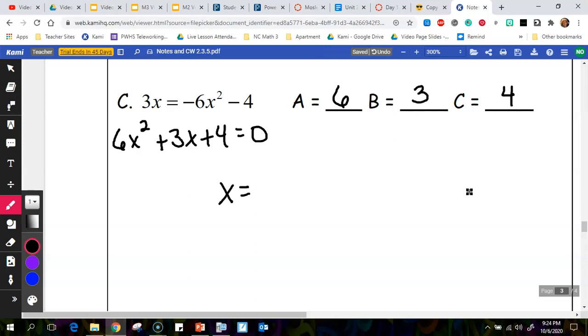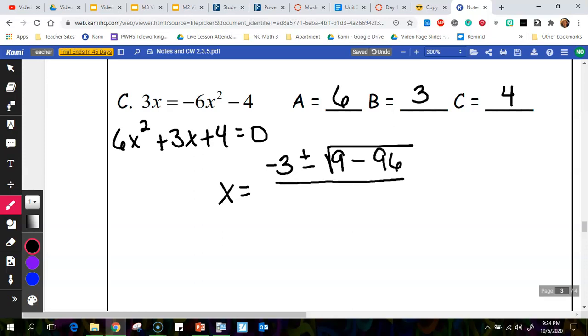X equals the opposite of B, negative 3, plus or minus square root of 3 squared, which is 9, minus 4 times 6 is 24, times 4 is 96.